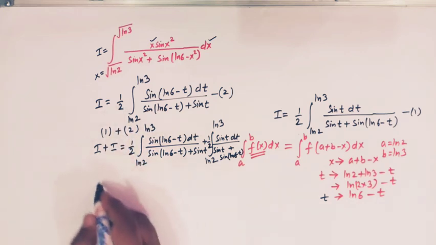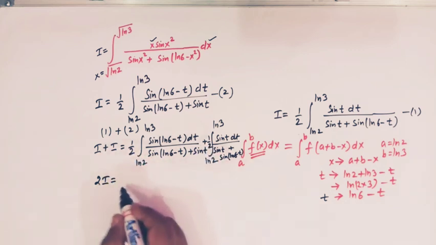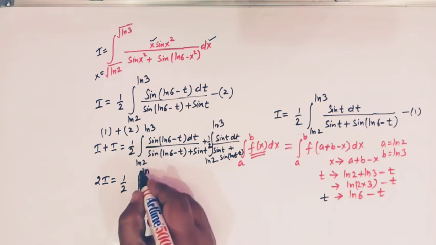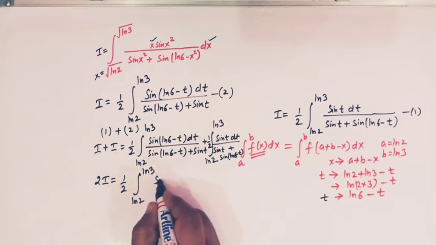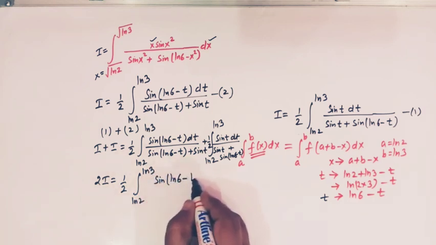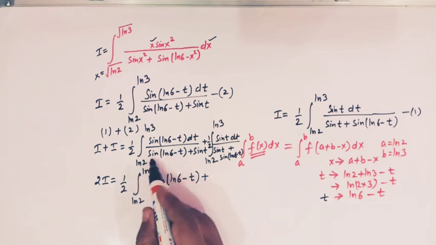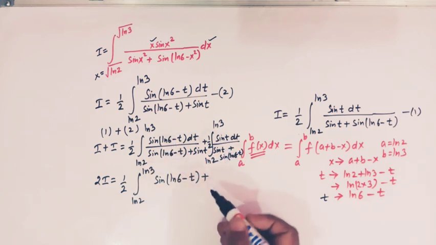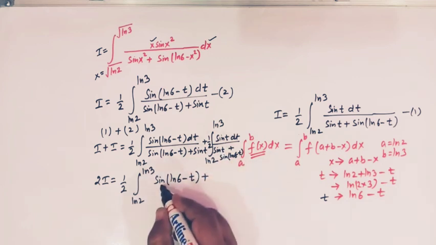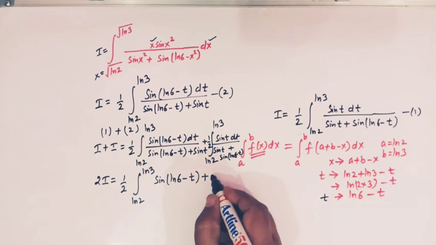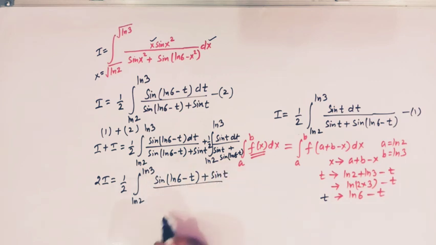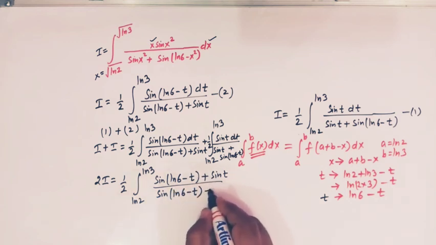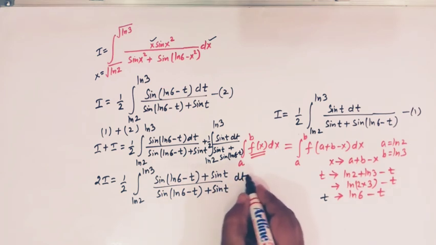Now I + I is 2I, and taking half common, since the denominators of both integrals are the same, we can simply add the numerators: sin(ln 6 − t) + sin t over sin(ln 6 − t) + sin t, dt.